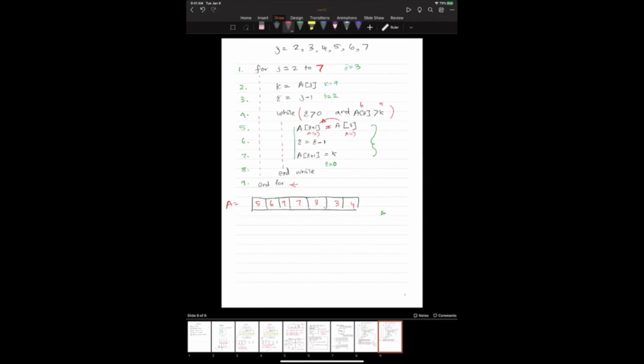A2 is 6. Is that greater than K, which is 9? Ai is 6, K is 9. Is Ai, that means A2, you can look at the present state of the array, A2 is 6. K we already stored in the variable, 9.